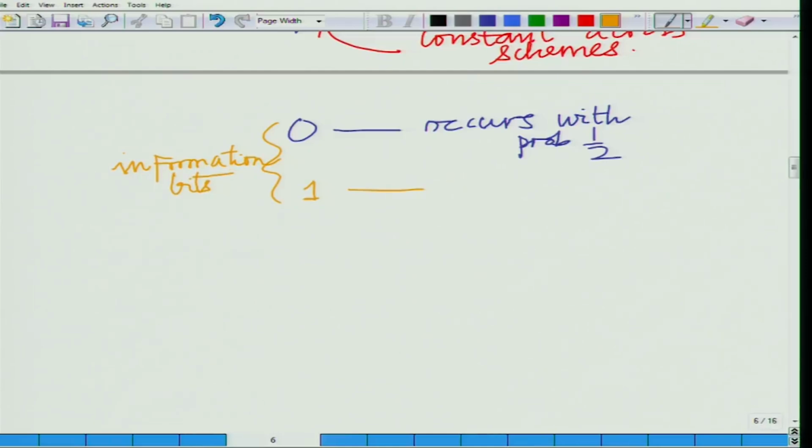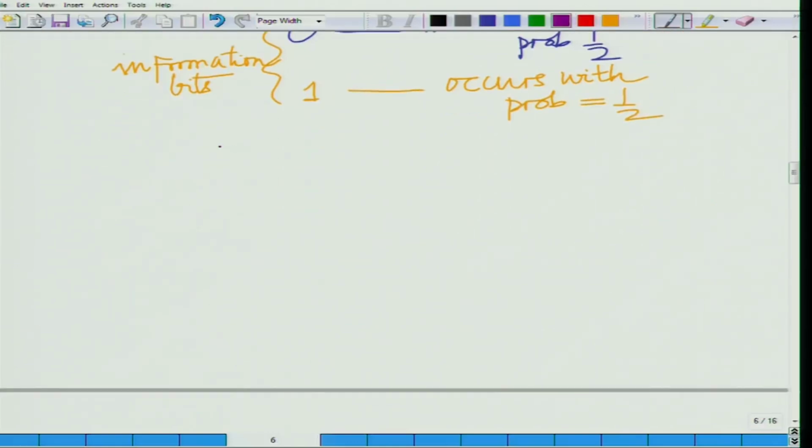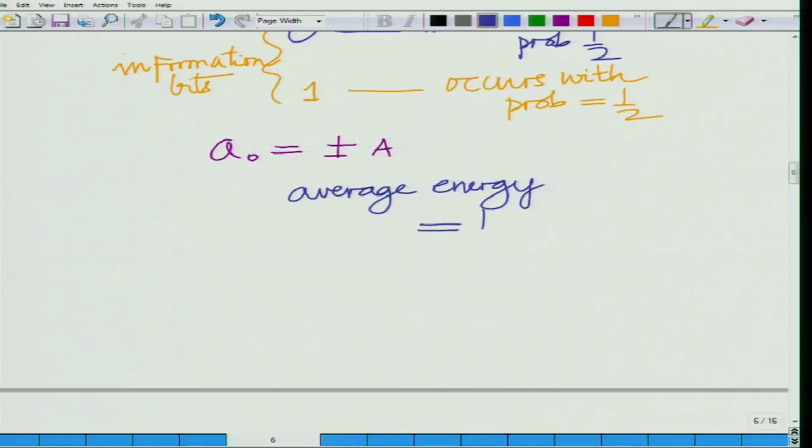Zero occurs with probability half, 1 occurs with probability half. Now, average energy, because A naught equals plus or minus A, implies average energy equals half.